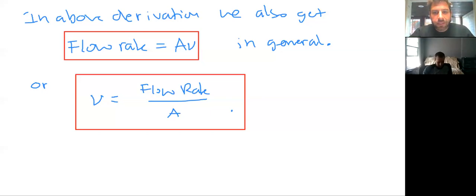So a standard problem you might get, Problem 8 on the homework, is an example of this. So let's do one real quick, just so you can see what we mean.